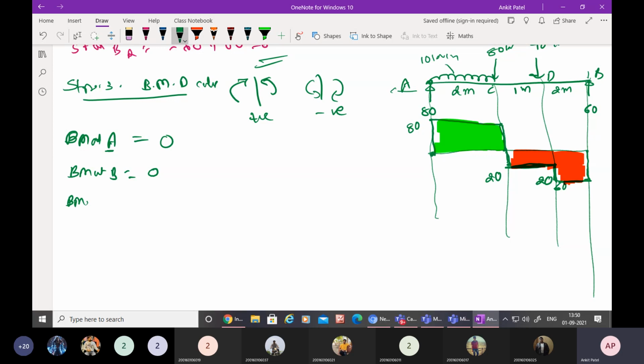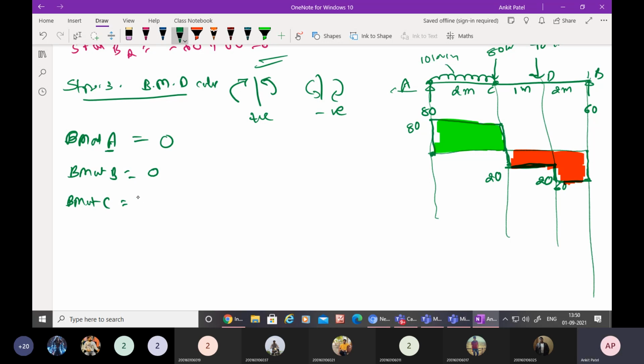Now bending moment at C. You have to put your thumb over here and fingers from A to C. You have to start walking from A to C. Clear? Can anybody give me the answer? Please give the answer quickly, the video is recording, so it will save some time.